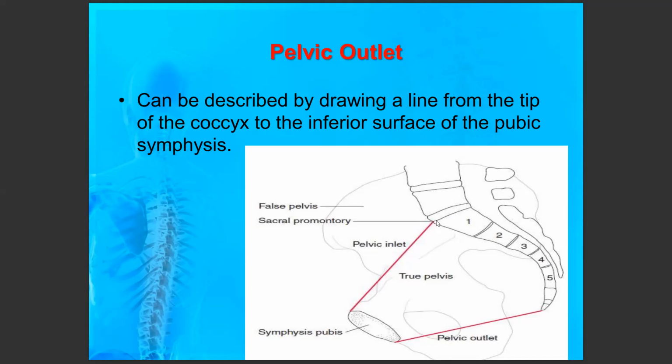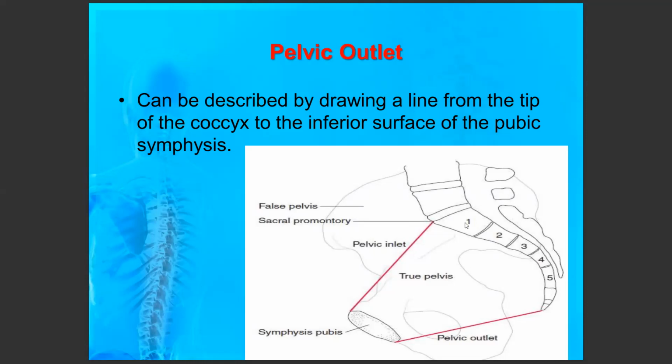Now, if there are anterior and inferior movements of this S1, that means this distance will be decreased. At the same time, the coccyx will move posteriorly as well as superiorly, hence the pelvic outlet will be increased.